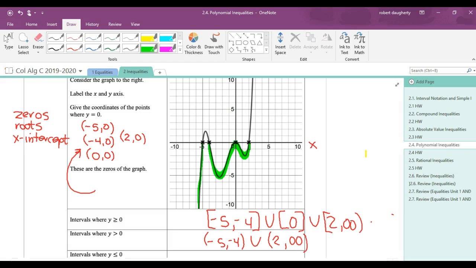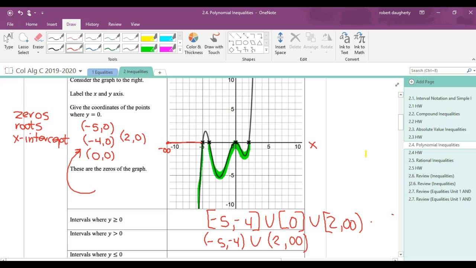Now, to answer the question where it's less than or equal to 0, I only travel on the x-axis. So if I start over here, when I'm here, is my graph below the axis or above? Below. So that's less than 0. So I am less than 0 out here at -infinity. And then what happens until I get to what number? -5.